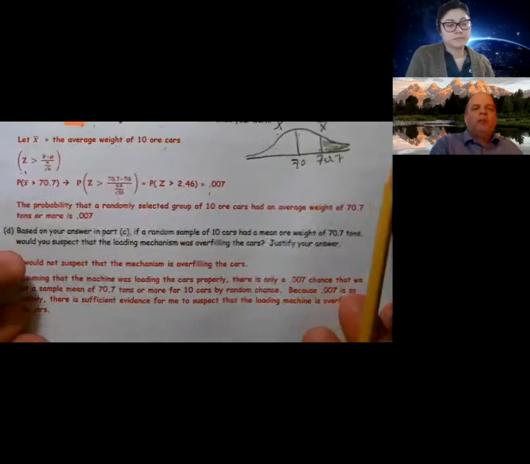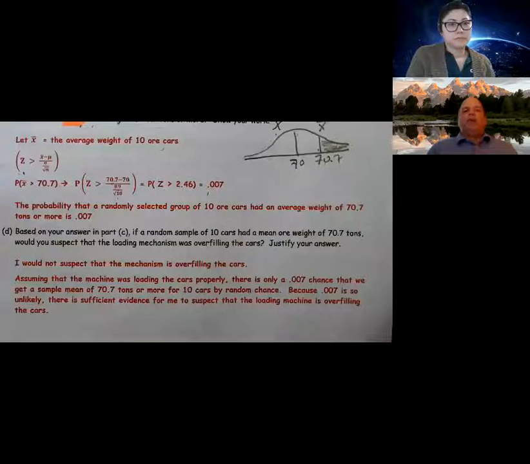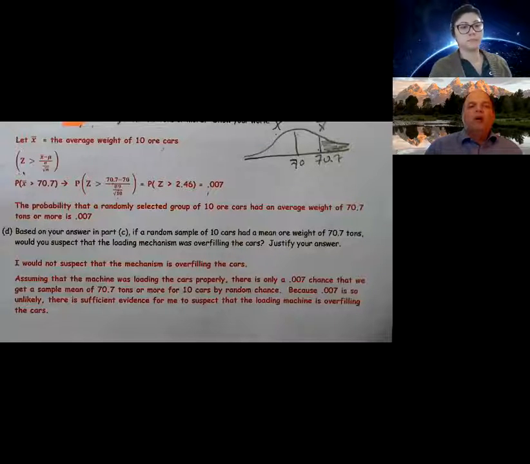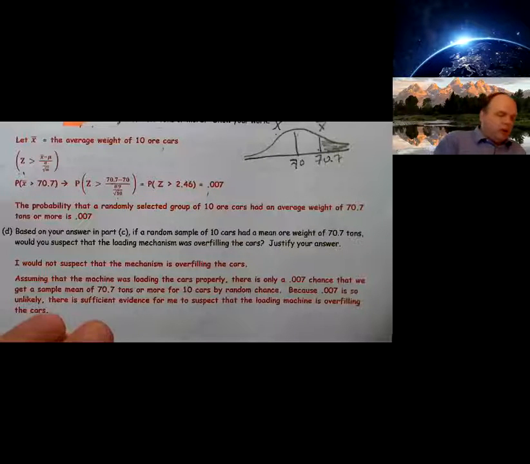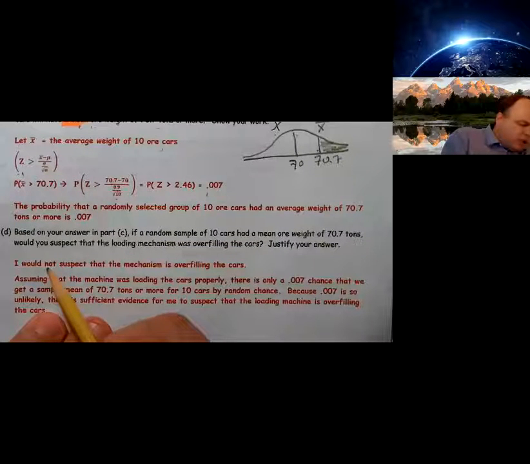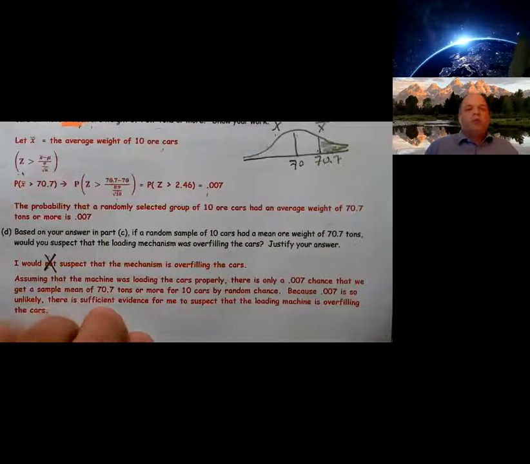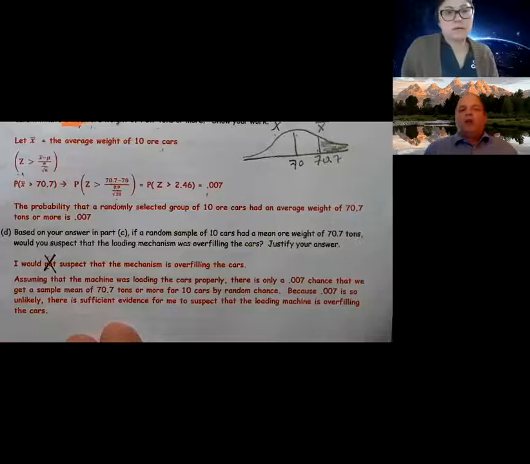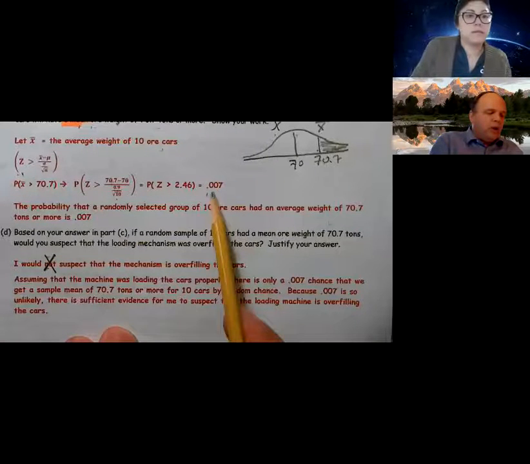So based on your answer in part C, if a random sample of 10 cars had a mean weight of 70.7 tons, would you expect that the loading mechanism is overfilling the cars? Justify your answer. I would suspect that the mechanism is overfilling the cars. Why? There's only a 0.007 chance.